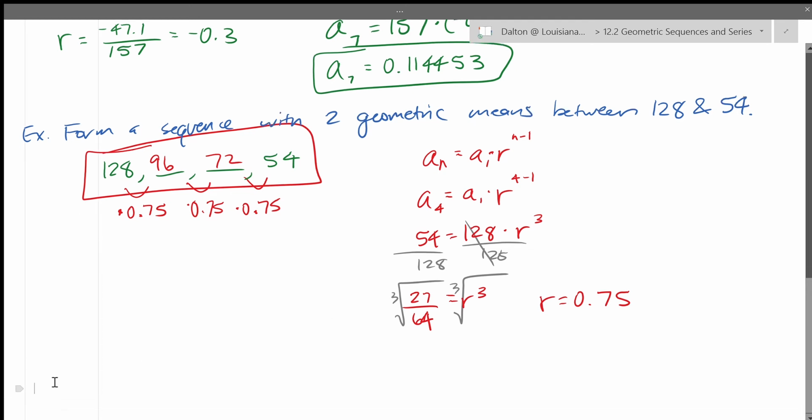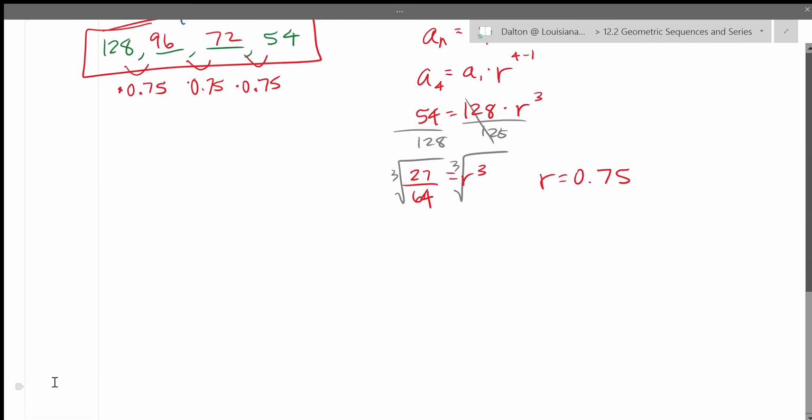Okay, that's all of the sequences. The last thing to discuss is the series. And very similar to the arithmetic sequence versus series, a geometric series is simply the sum of the terms of a geometric sequence.